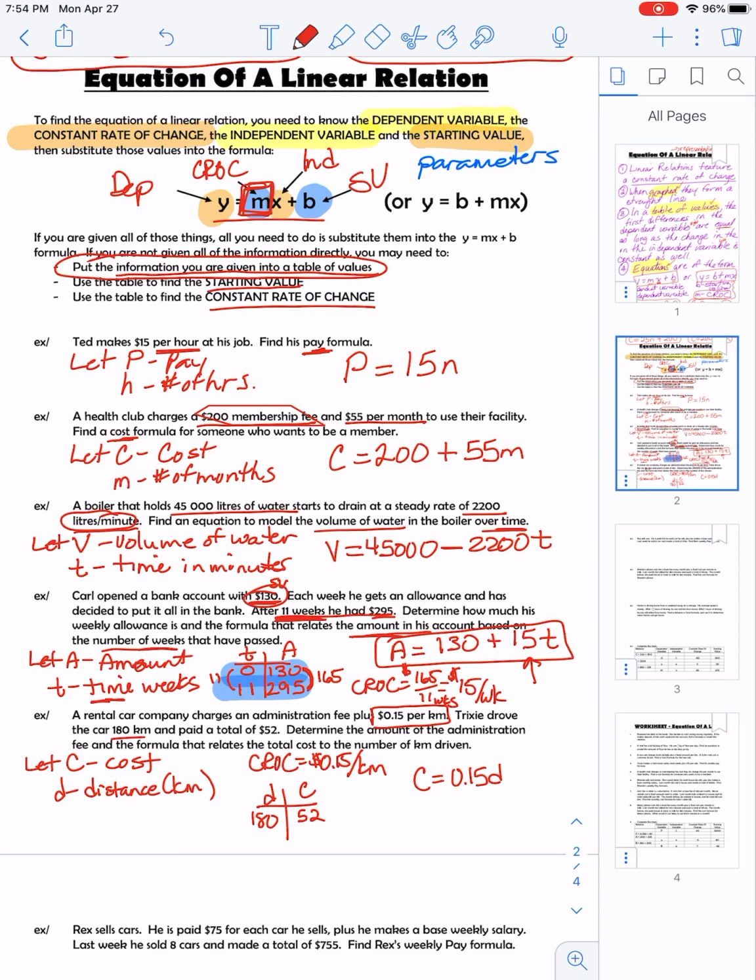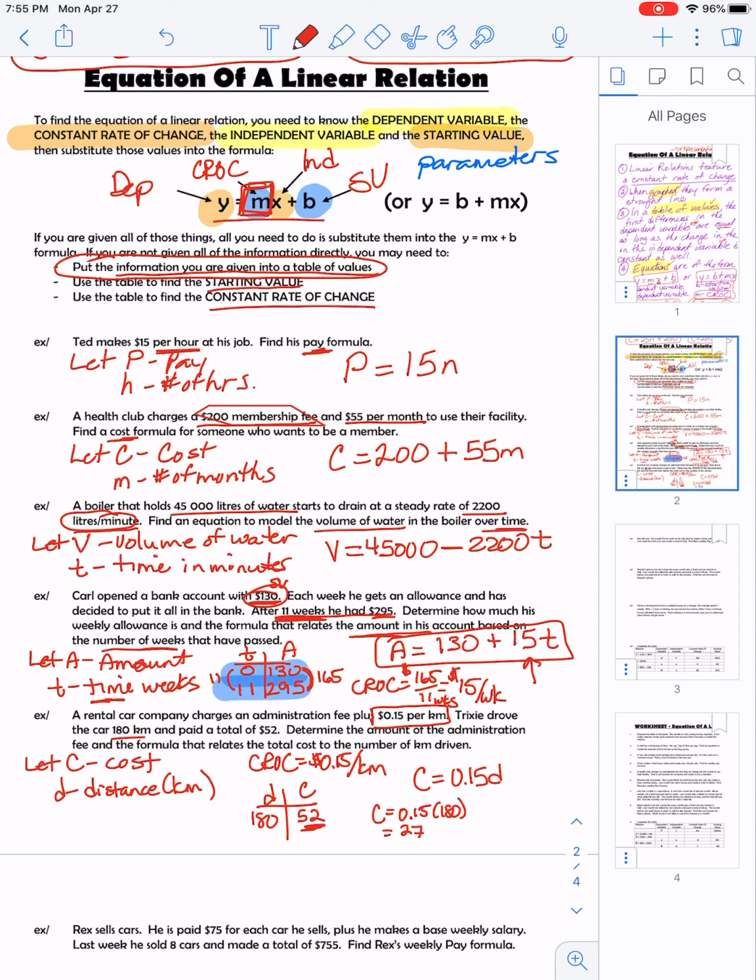If I start to use my formula just the way it is so far, I would have 0.15 times 180. I don't think that's 52, and that's what I want to get out of this eventually. So 0.15 times 180 is only $27, but I need $52.